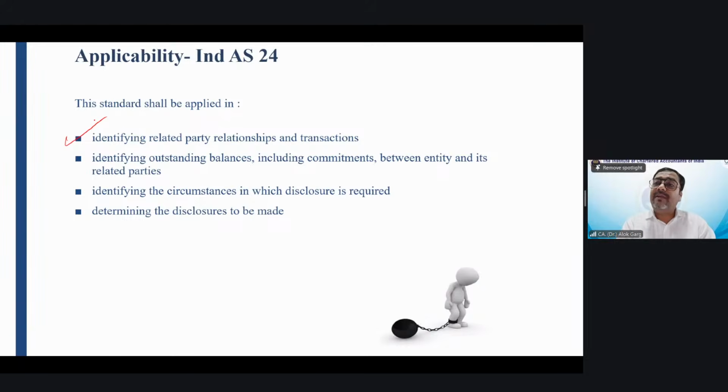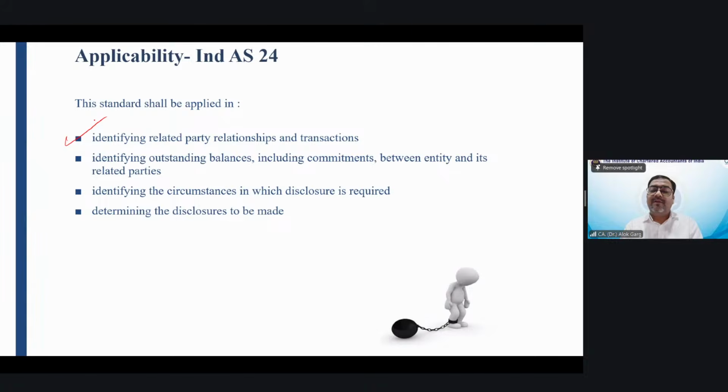So if I am an independent director on the board of Reliance and Bharti, just because I am on both boards, can these two companies become related parties? No, these two companies cannot become related parties.